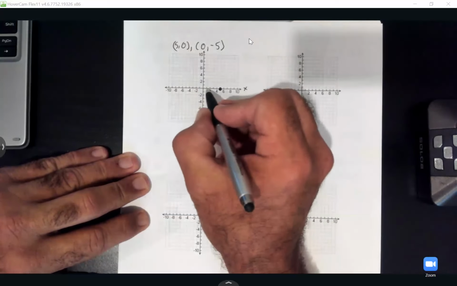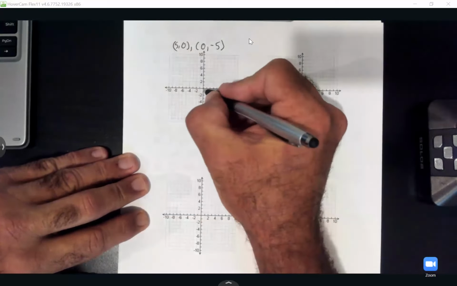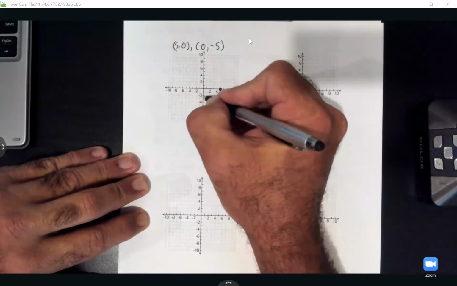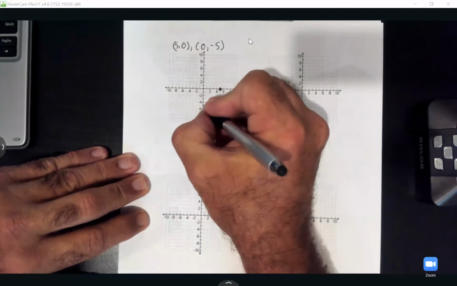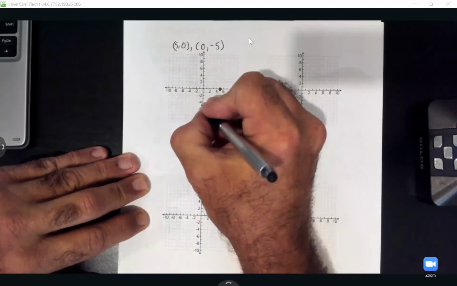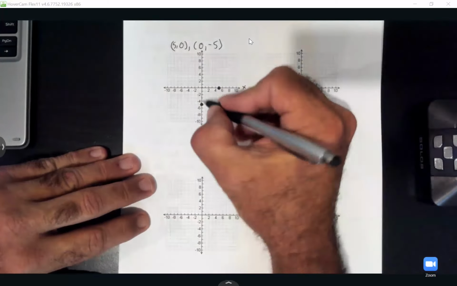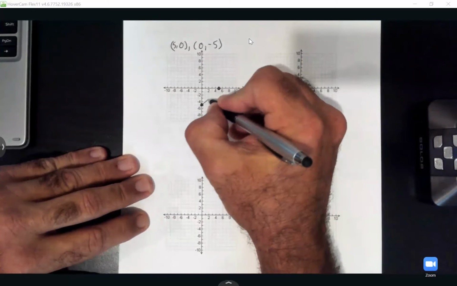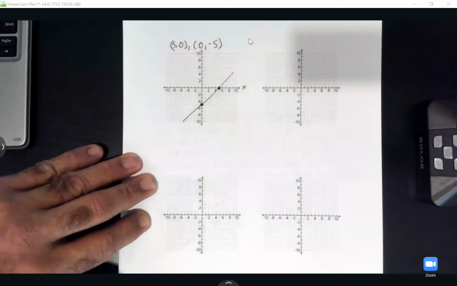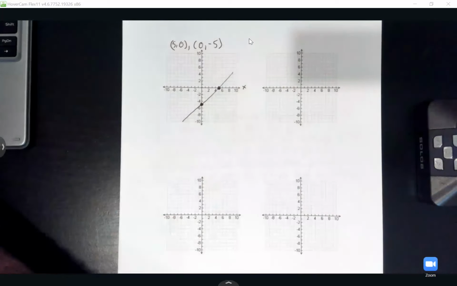So 0 for the x, you start right in the middle, and then -5 for the y, we go down 5, so that we end up on -5. All right, y'all. We got 2 points, so at that point, we would draw our line and be done.